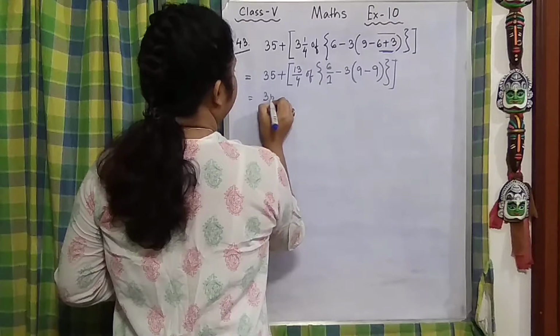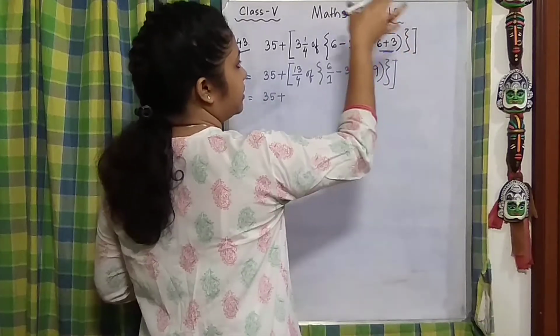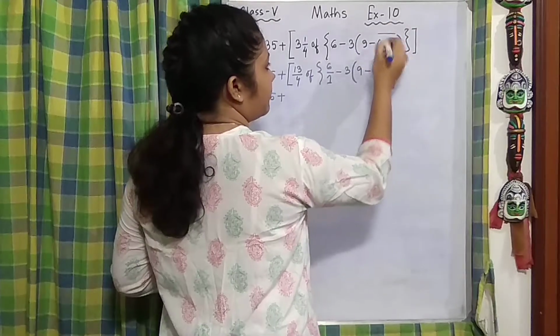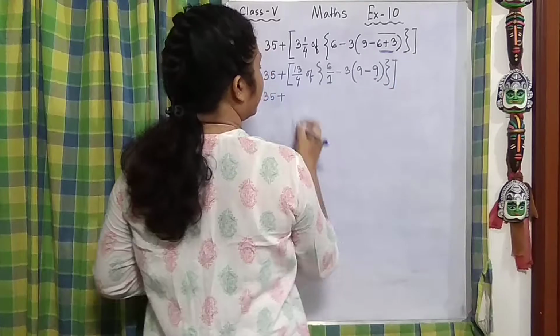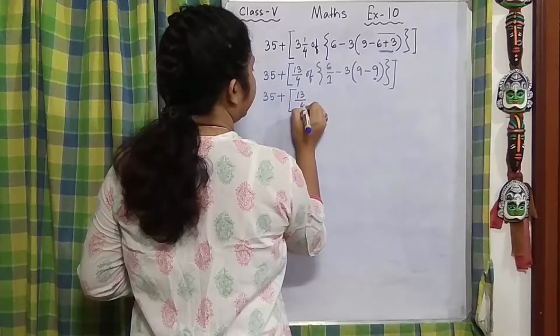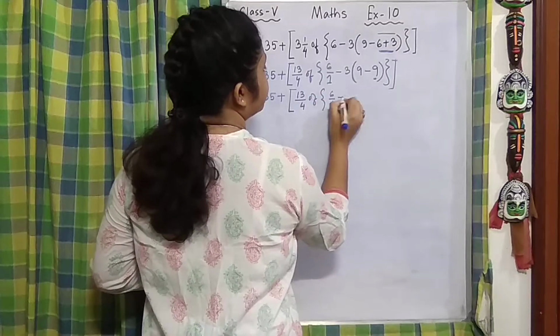Now as 6 plus 3 was first put with the vinculum, so we have completed this first. Now after doing that operation we have found out there is a 9 as well. So 9 minus 9, it gives what? It gives a 0.